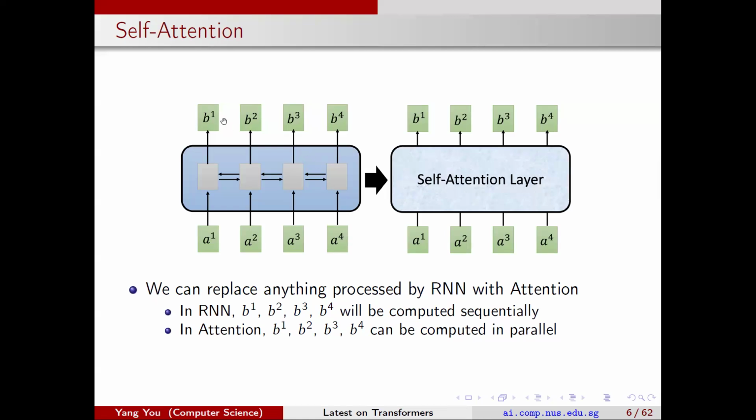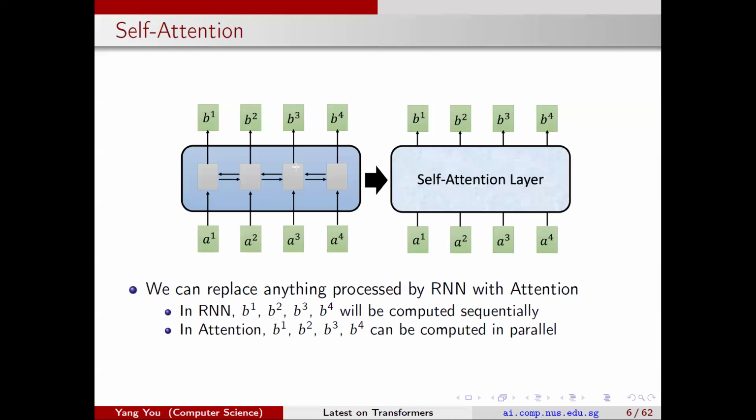The output of the RNN is B1, B2, B3, B4, which are also token vectors or words. For an RNN, we first compute B1, then B2, then B3, and then B4, sequentially, one by one. So that's basically a sequence to sequence function.